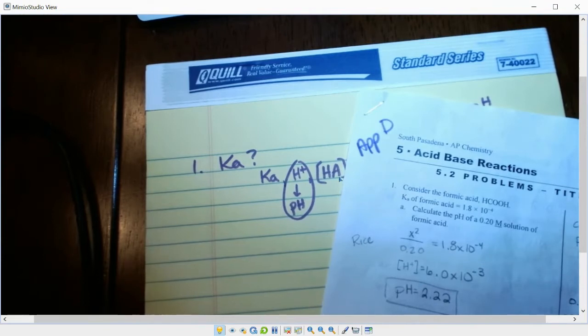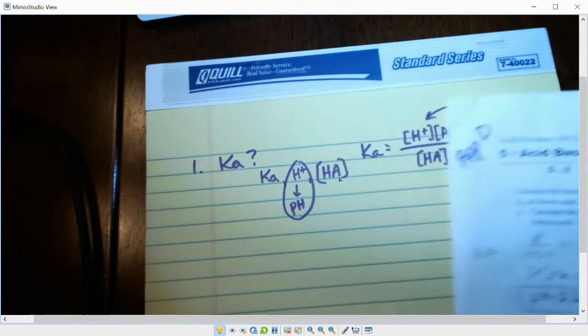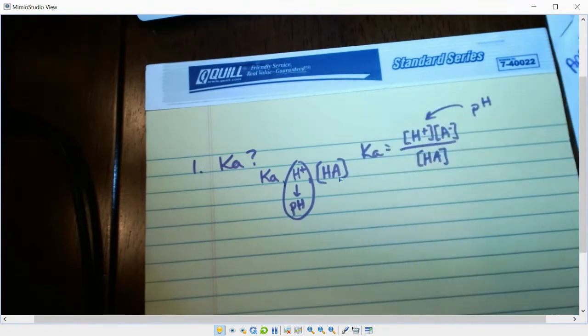So if you're trying to work out a problem and they don't tell you what it is, then you can look that up. But if this was on the AP test, assuming we still get to take the AP test, I don't know what that's going to look like yet for you guys, you would be provided either Ka and pH or pH and HA, because as long as you have two of them, you can solve for the third. So that was her first question.